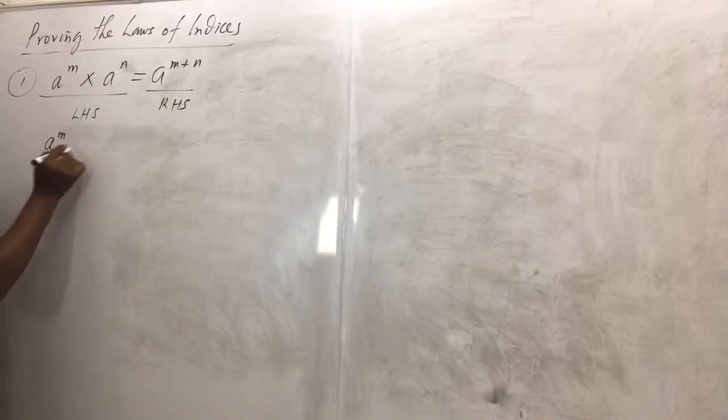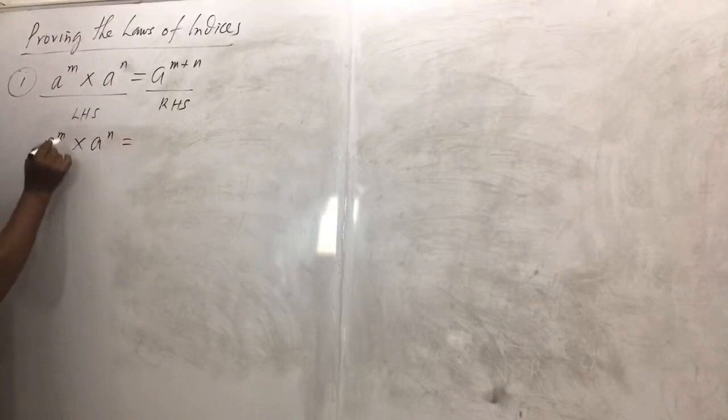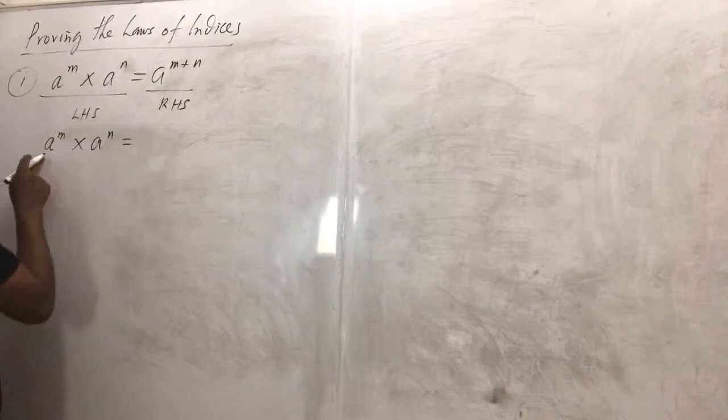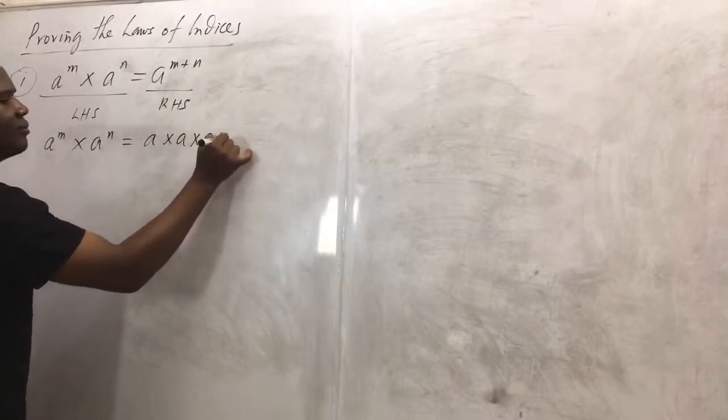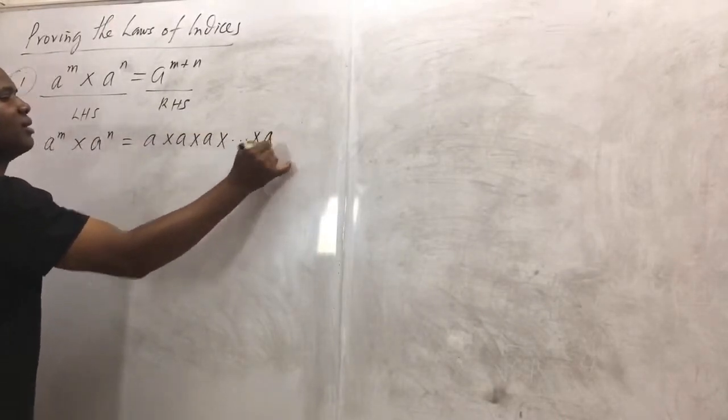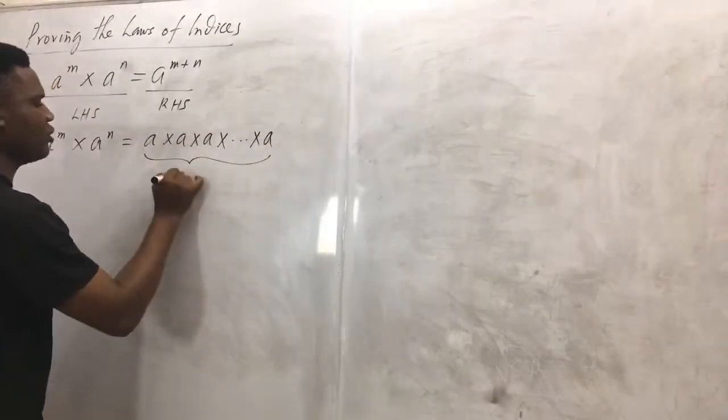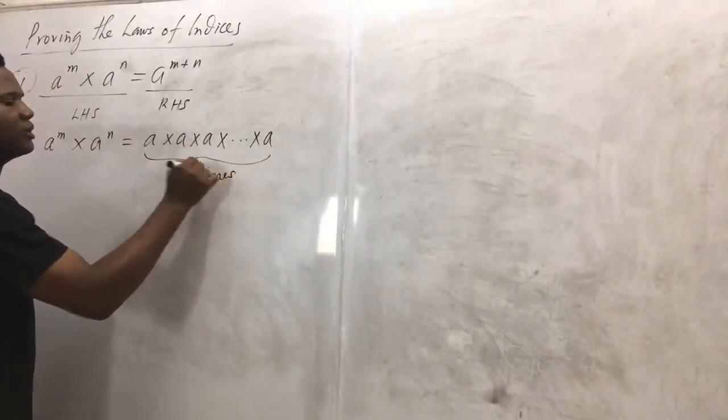Now this is what I'm going to do. A raised to power m times a raised to power n. Remember, I told you earlier that a raised to power m means multiplying a by itself m times. So I'm going to write this in expanded notation.